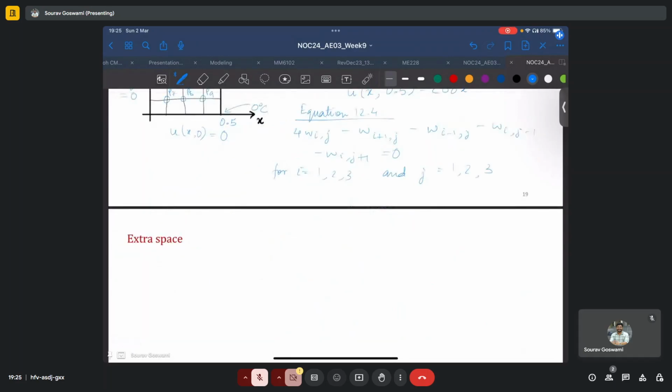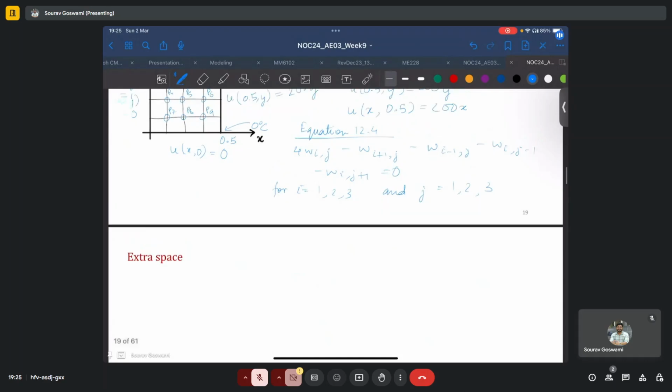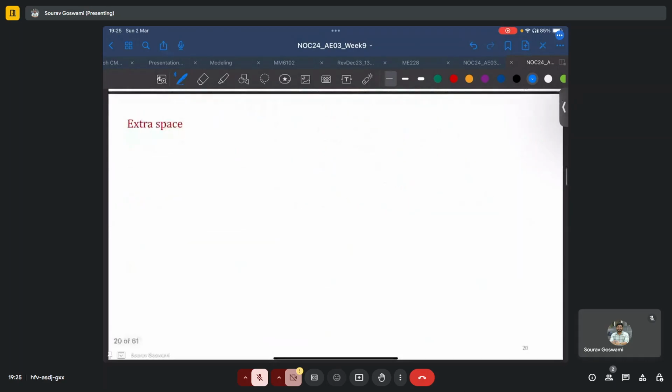Now, we can frame the equations separately for each of these points, and I am writing that here. For P1, the equation becomes 4w1 minus w2 minus w4 equals w at (0, 3), so at one of the boundaries, plus w at (1, 4). I will request you to kindly verify whether these equations are written correctly or not, because I might make mistakes.